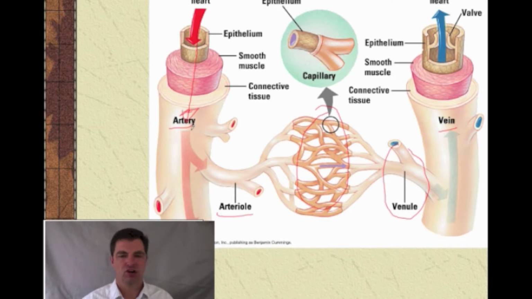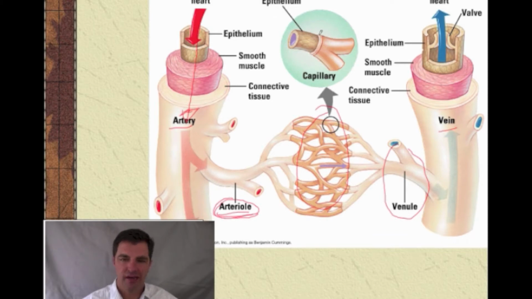As the arteries reach your organs, they tend to branch into smaller and smaller arteries, and eventually they branch into smaller artery-like vessels that we call arterioles. The arterioles then branch down to a microscopic network of blood vessels called capillaries.